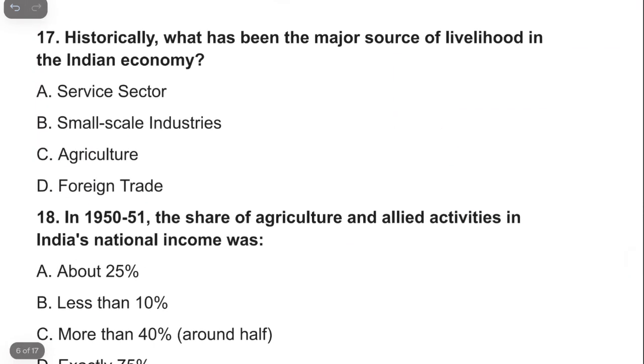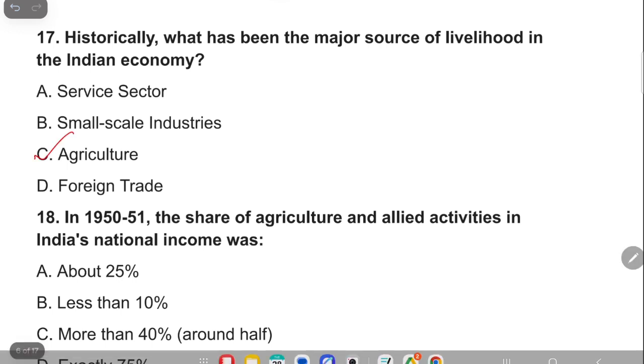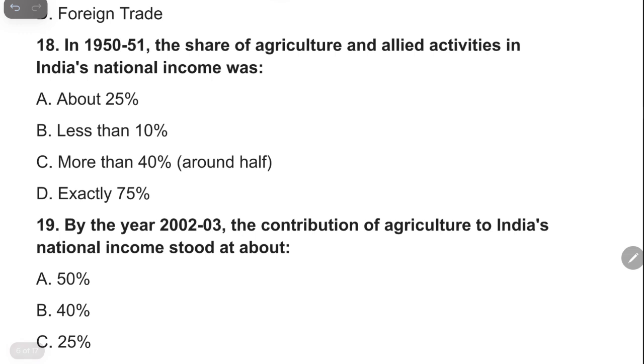Historically, which has been the major source of livelihood in the Indian economy? Agriculture. In 1950-51, the share of agricultural and allied activities in Indian national income was more than 40%.